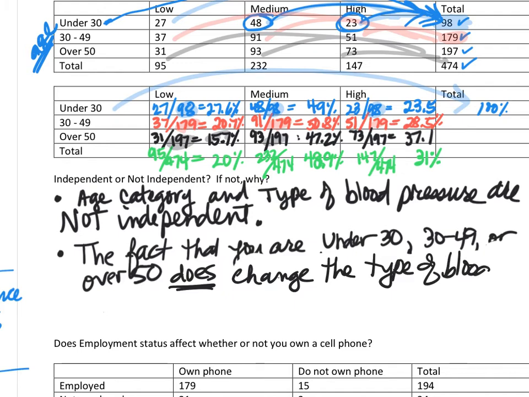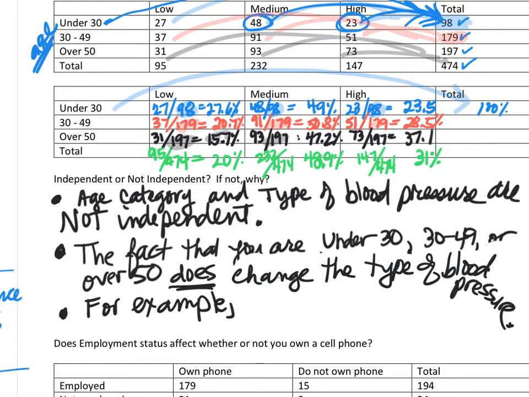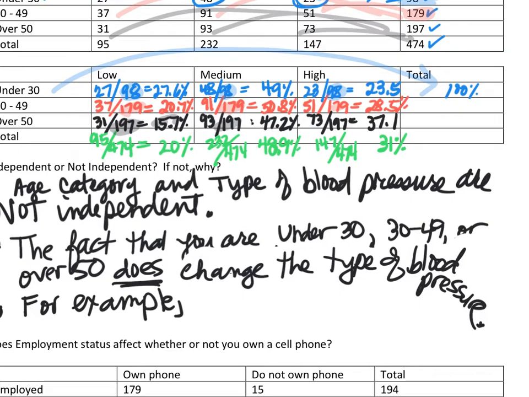Now, if you have this one, you have to support it with your statistical evidence. So my third thing I will say is, for example, and remember we're going to compare the conditional to the marginal.